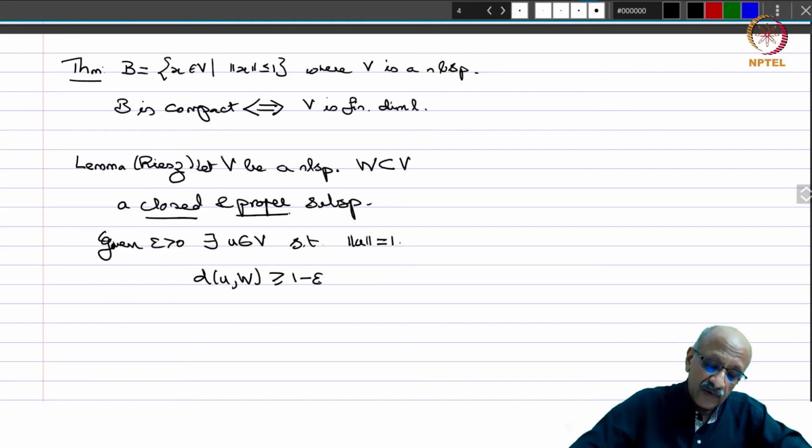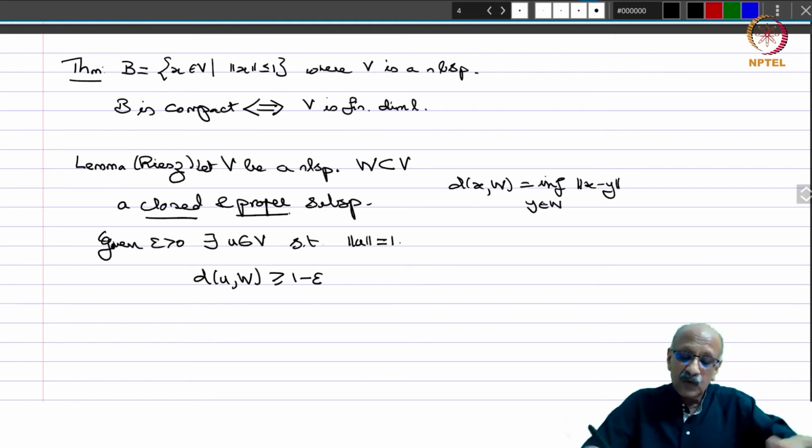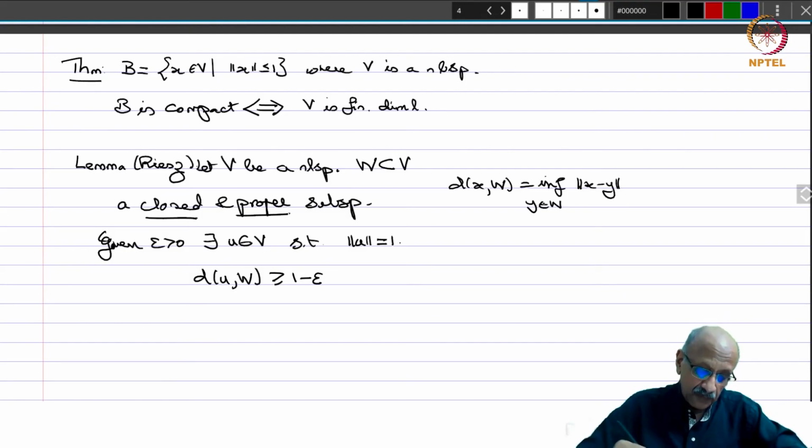So what is the distance of x from W? This is nothing but the infimum of norm x minus y for all y in W. So it's the shortest distance which you can come from x to W. So the Riesz lemma says that you have a closed and proper subspace, then you can find a vector u which is a unit vector such that d(u, W) is bigger or equal to 1 minus epsilon.